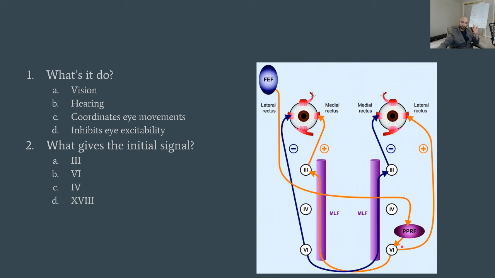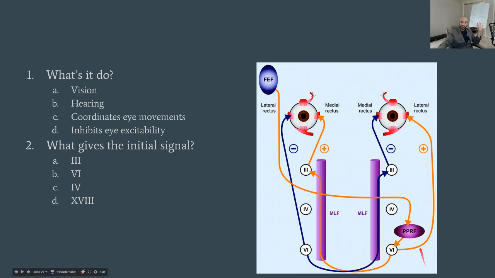So in this case, if we stimulate the orange one, and remember, from the patient's perspective, this patient will look to the left. So it tells cranial nerve 3, hey, you need to look to the left. Okay? And so everything is pulled to the left and everyone looks left.